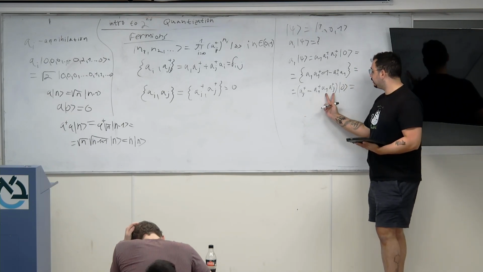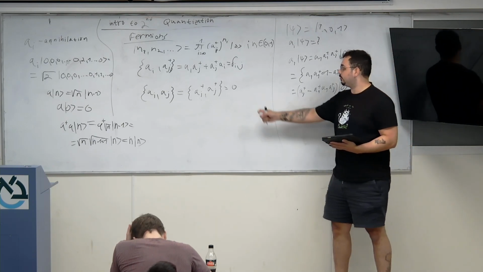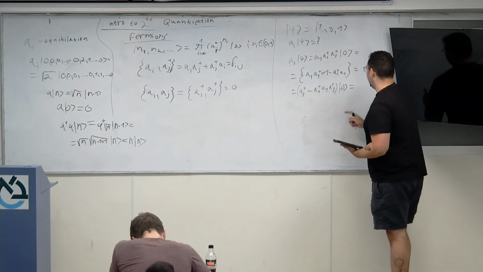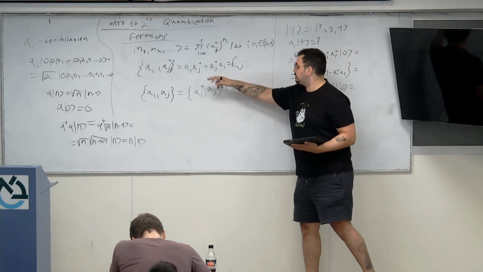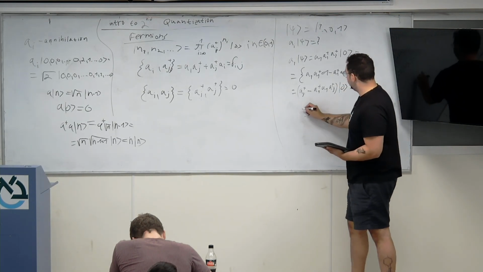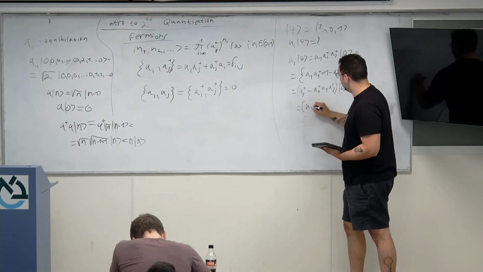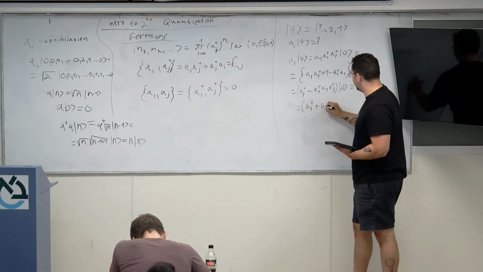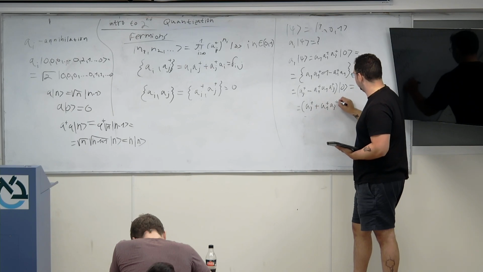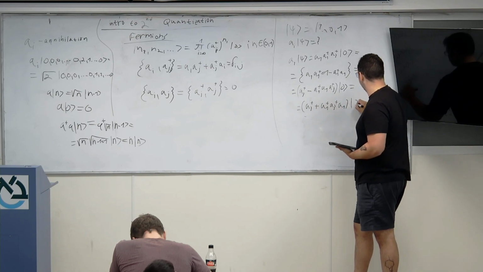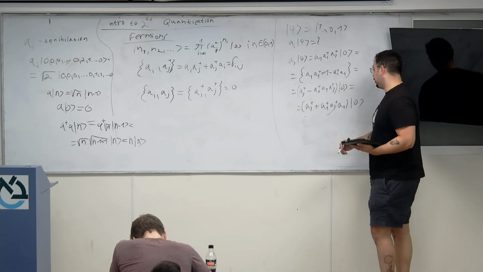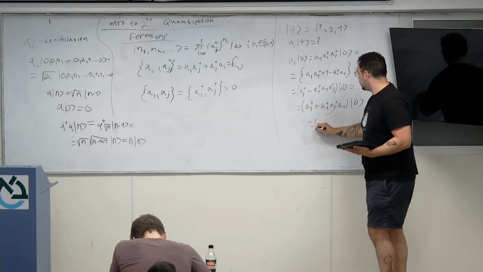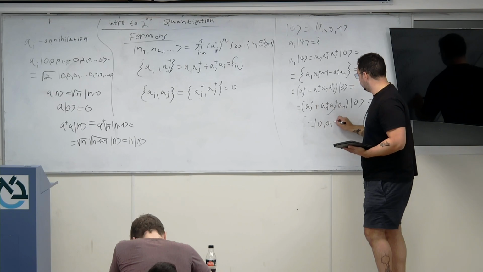Now note again, A1 and A3 commute freely. There's no 1 here, but there's another minus coming from here, again because here there's a plus. So this will be equal to A3† plus A1† A1 0. Again, the annihilation operator on the vacuum is 0, so we get 0 0 1.